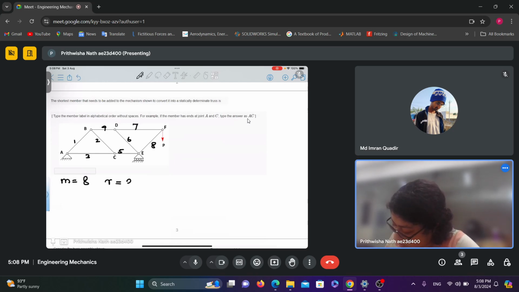Reaction forces 3. J is 1, 2, 3, 4, 5, 6.